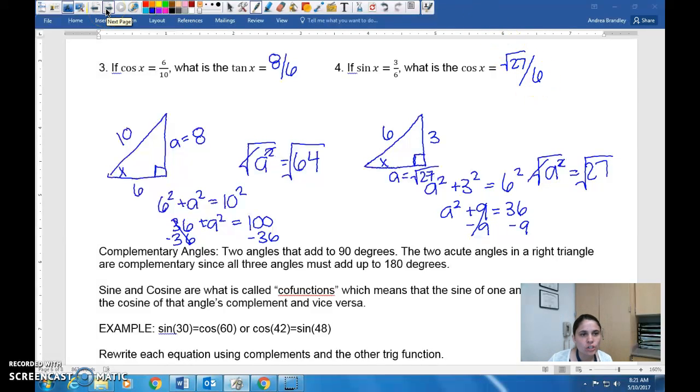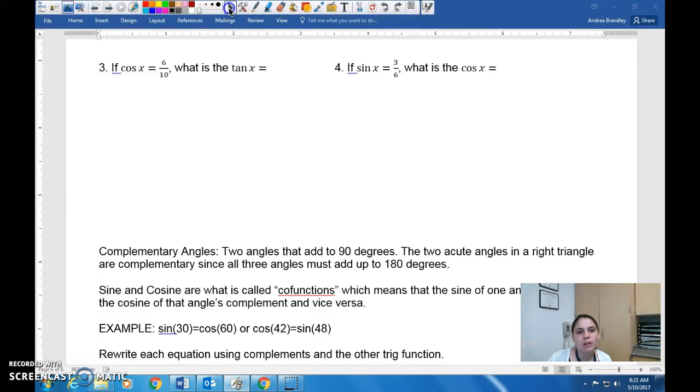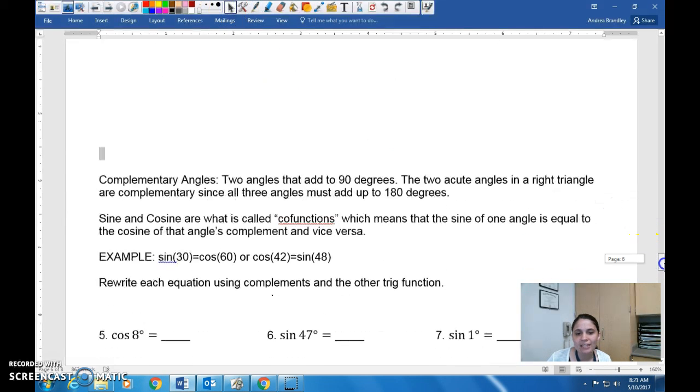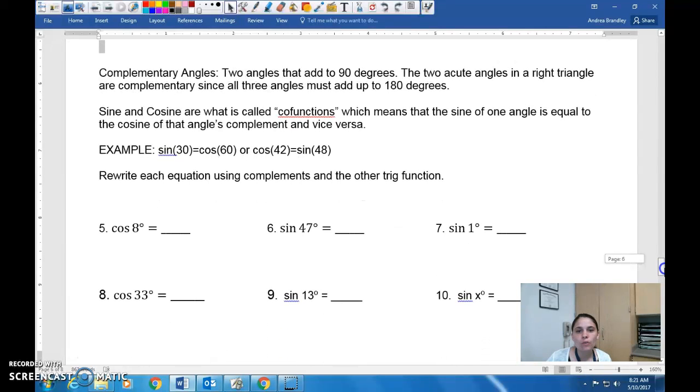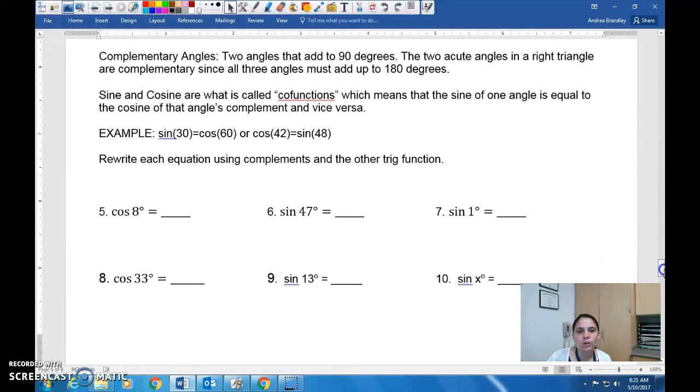So the next section of your notes is talking about complementary angles. So complementary angles are two angles that add to 90 degrees. So if we think about a right triangle, which is what we've been talking about throughout all of these trigonometry sections, a right triangle has a right angle, obviously. That's why it's called a right triangle. That's 90 degrees.